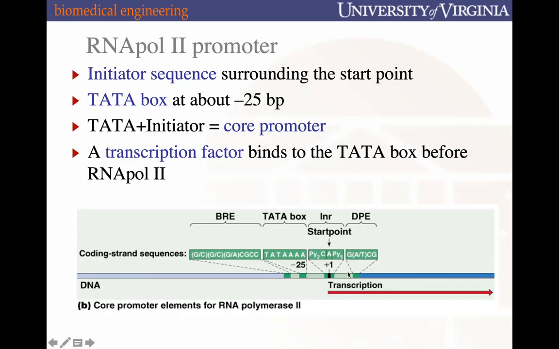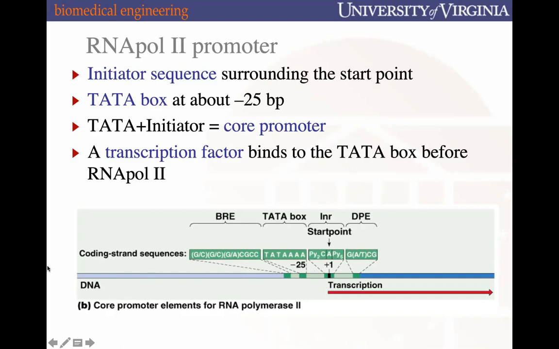This black rectangle is the transcriptional start site. The numbers that you see, like +1 or -25, correspond to which direction we're moving from this transcriptional start site. The transcriptional start site is a single nucleotide at which things will begin. We're looking at the coding strand here.